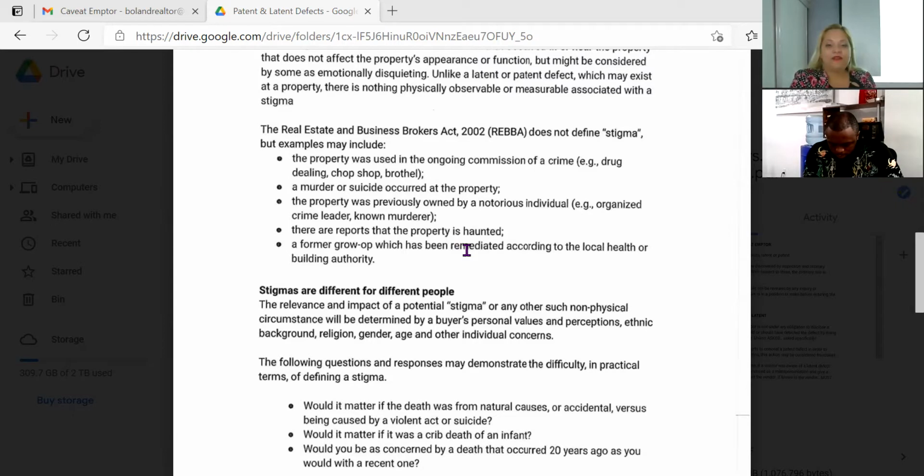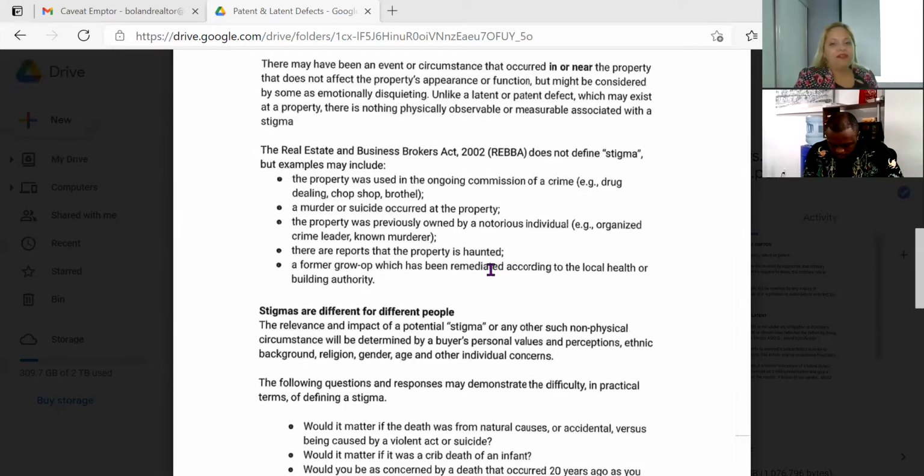The property was previously owned by a notorious individual, an organized crime leader, a known murderer. There are reports that the property is haunted. A former grow op, which has been remediated according to the local health or building authority.